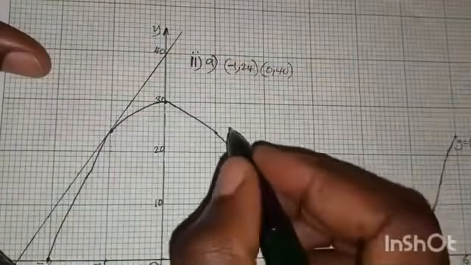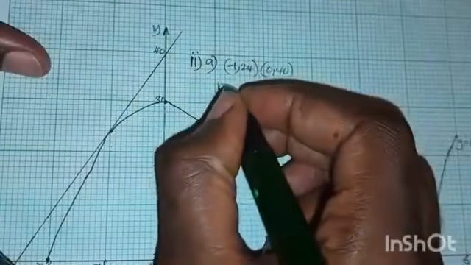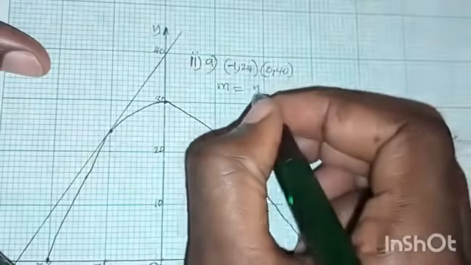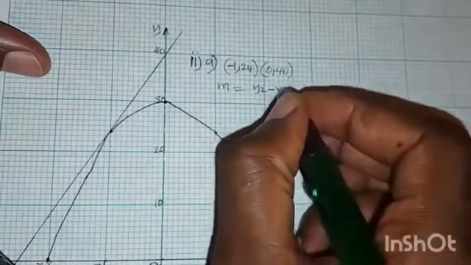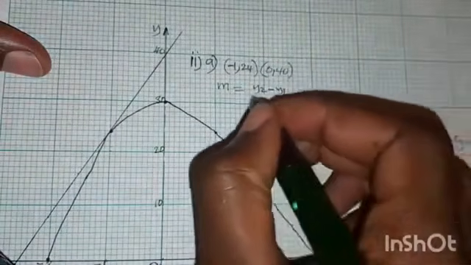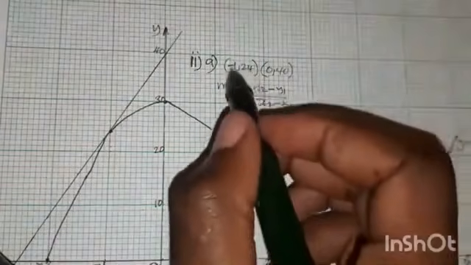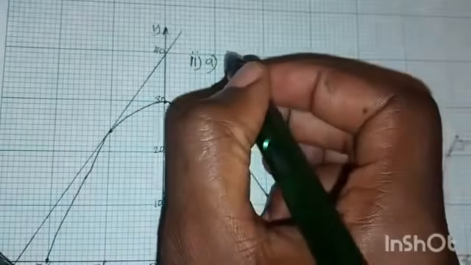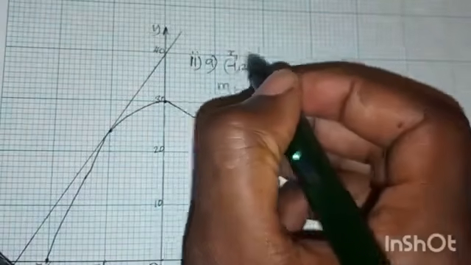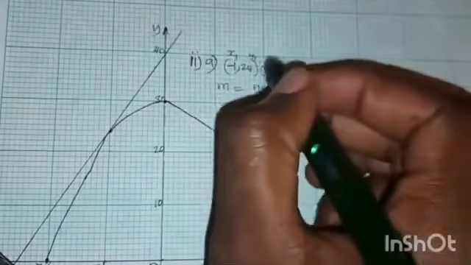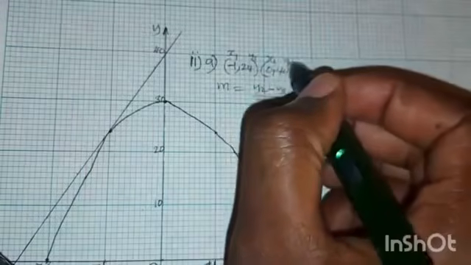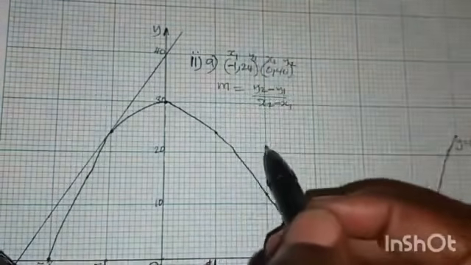To find the gradient, we are going to use the formula m is equal to y2 minus y1 over x2 minus x1. So we are going to give this point as x1, y1, then x2, y2.